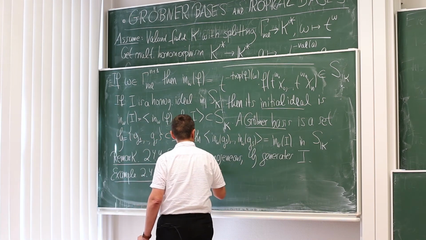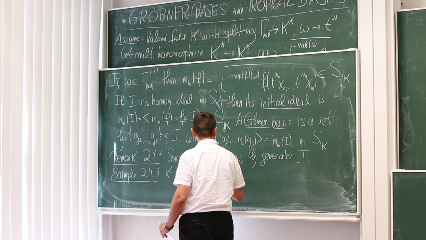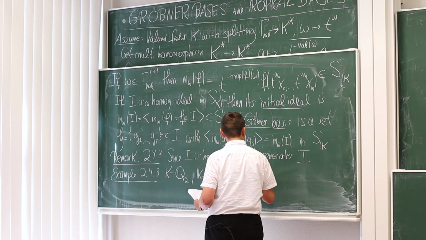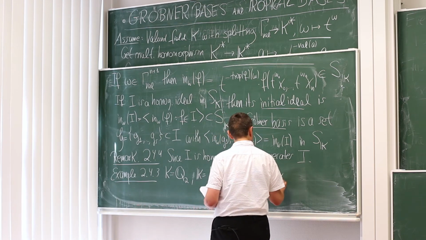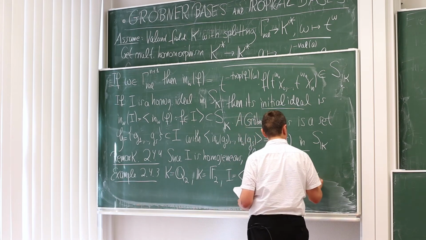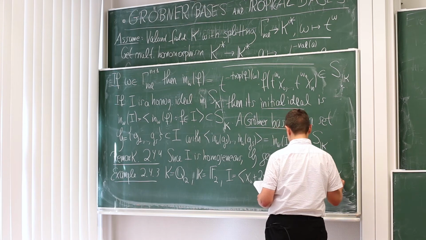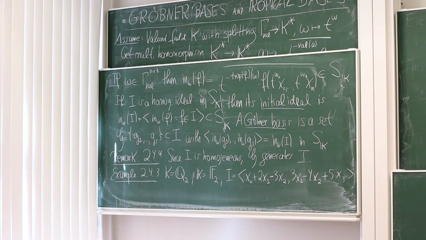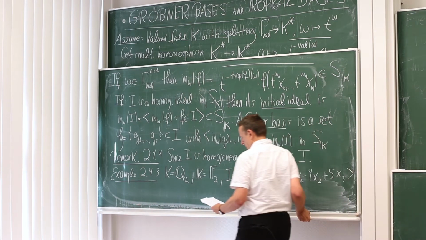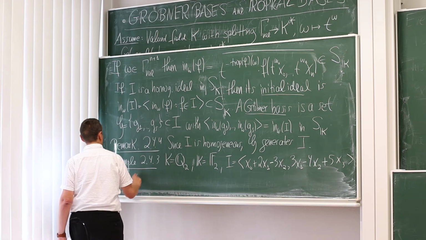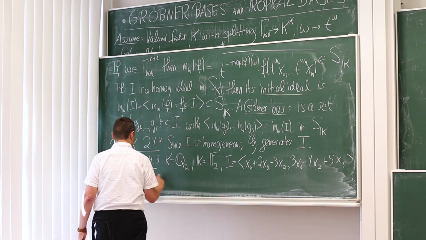The residue field is the field on two elements. Let's just take the ideal of a line in P3, so x0 plus 2 x1 minus 3 x2, 3 x1 minus 4 x2 plus 5 x3. Right? So this is just a linear ideal in a polynomial ring in 4 variables over the rational numbers. Okay? So let's calculate the initial ideal, and let's take the weight vector to be 0, 0, 0, 0.